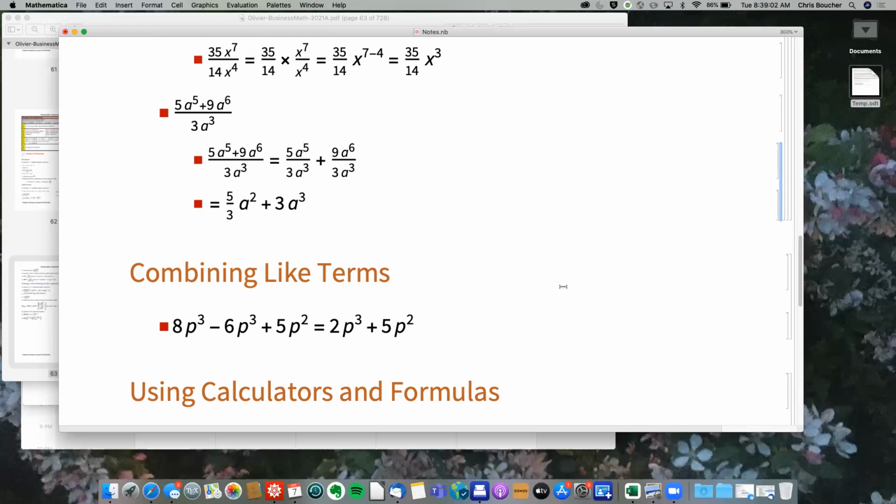Any other like terms? Excellent, good, right? 5x to the 10th and 2x to the 10th are also like terms. And when you combine those, what do you get? Good, right, 7x to the 10th.